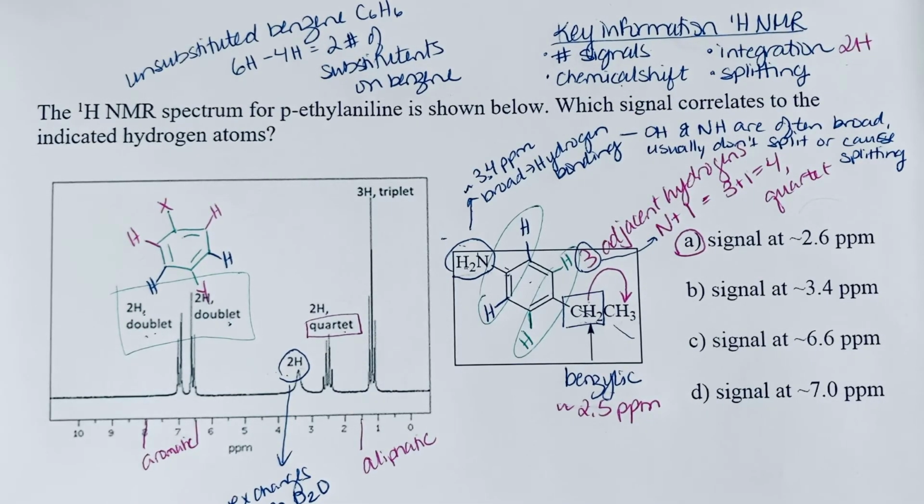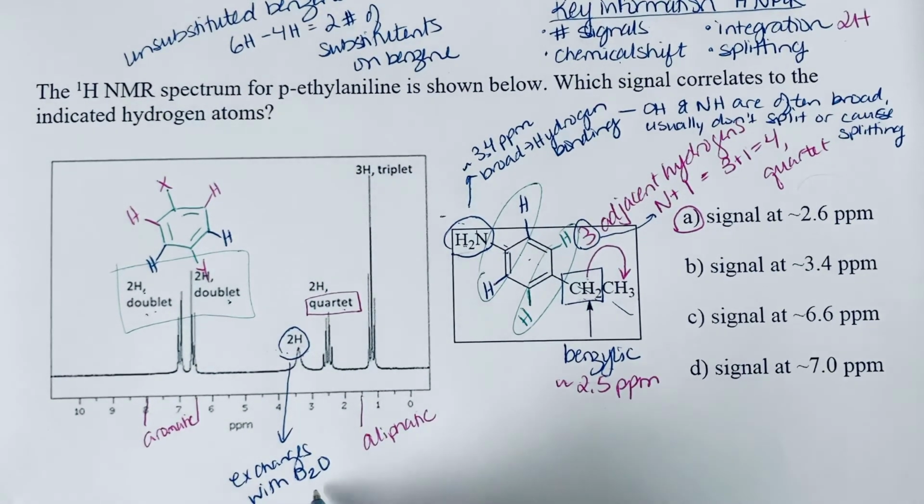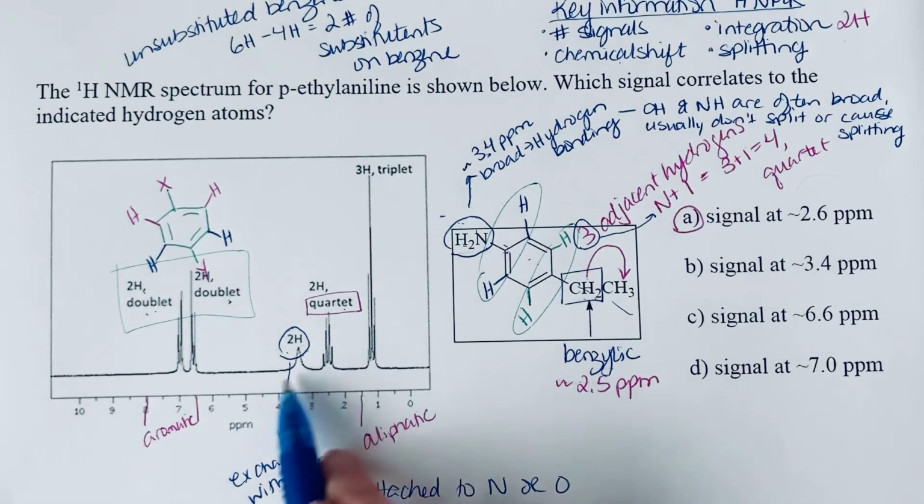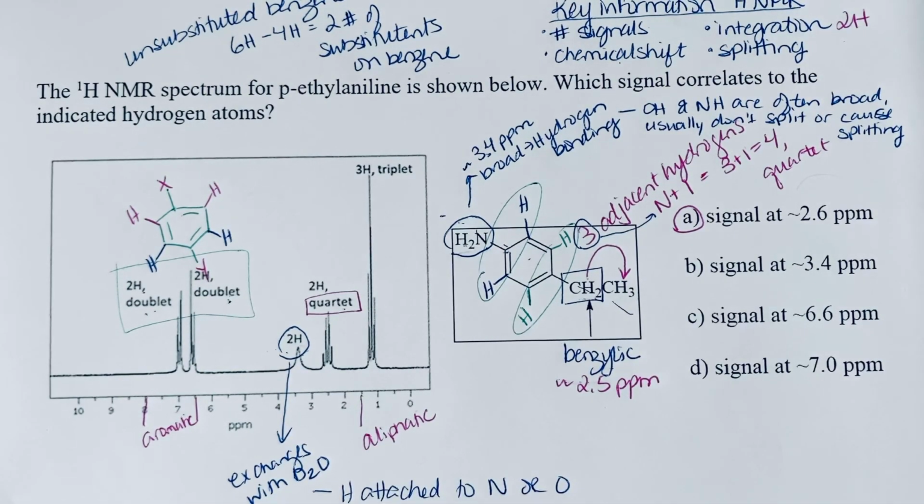Deuterium is inactive in the proton NMR, so seeing that disappearance tells you that you have a proton that can exchange. That really indicates to you that this is a hydrogen attached to nitrogen or oxygen. So that would be another way that we could differentiate those 2 signals if we weren't quite sure.